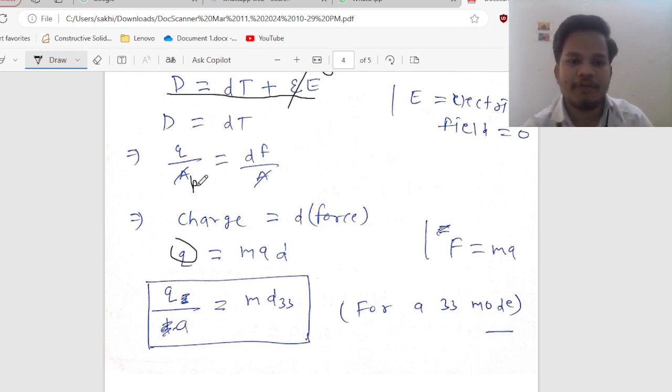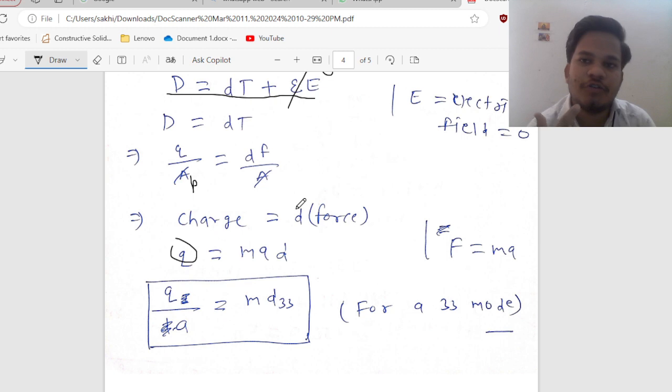This is P, because we are using the area of the piezoelectric material, right? Area means this length multiplied by width. So A and this T, stress is force by area, so area will cancel out each other, and Q equals d F. F means force.